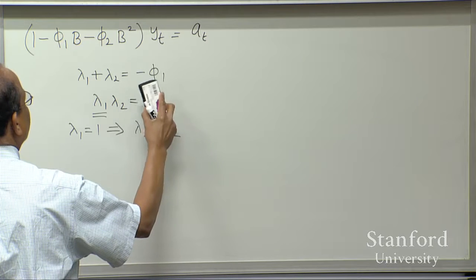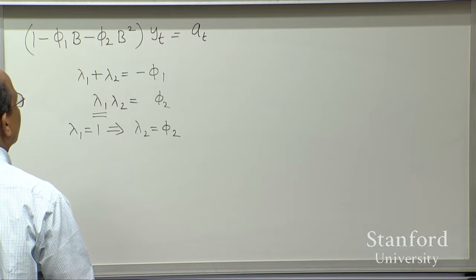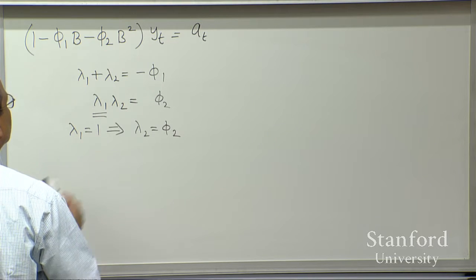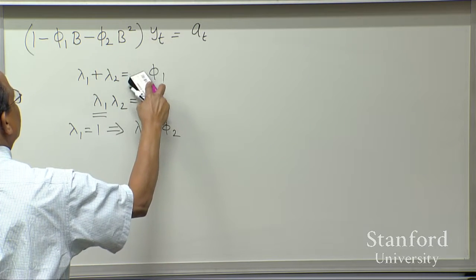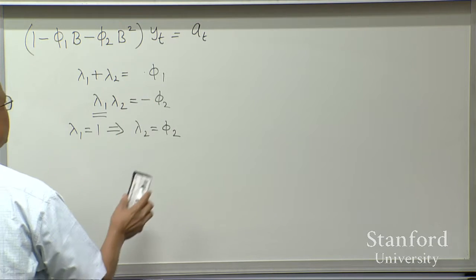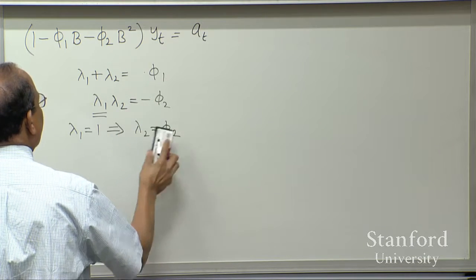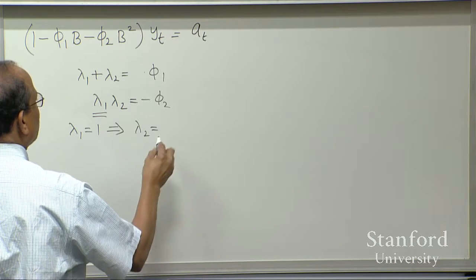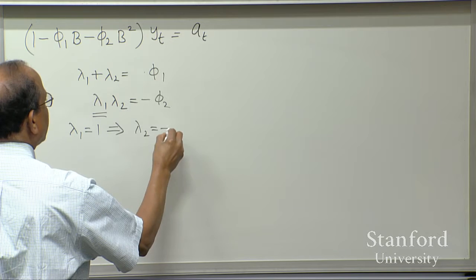I'm sorry, I'm not writing this correctly. No, lambda on pi 1 is correct. It should be minus pi 2. That was a mistake. So if lambda 1 is equal to 1, you can see lambda 2 should be equal to minus pi 2.